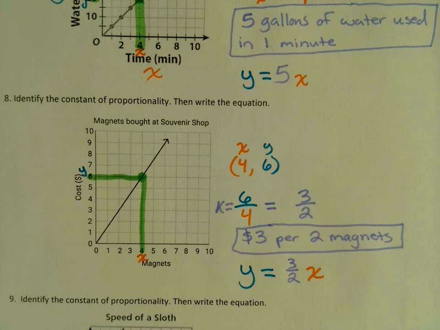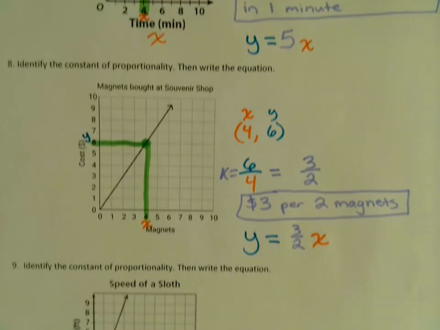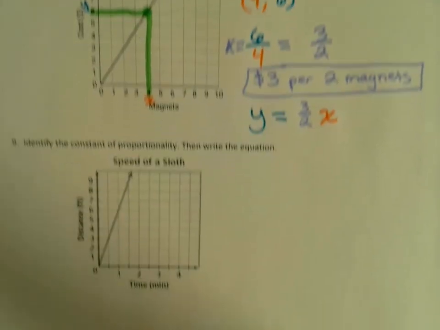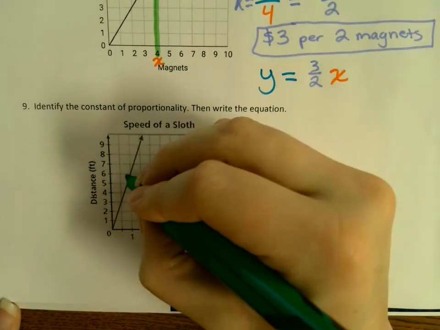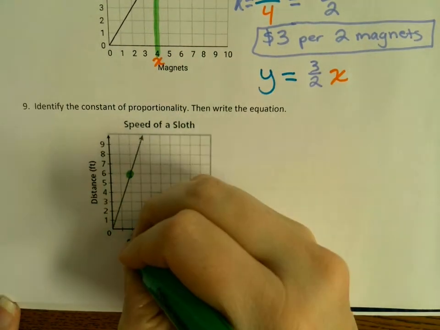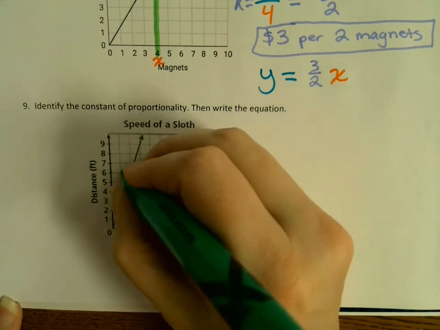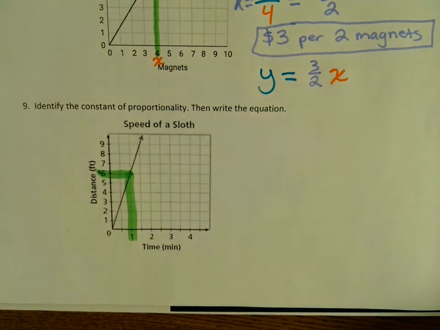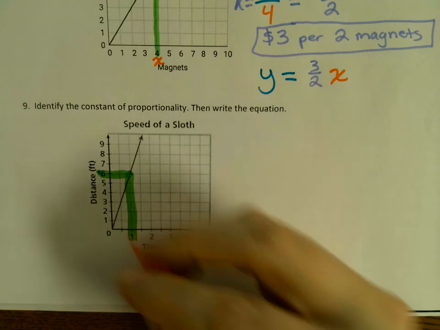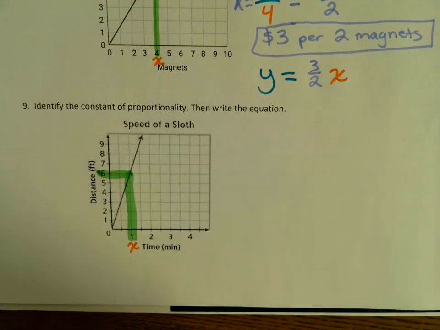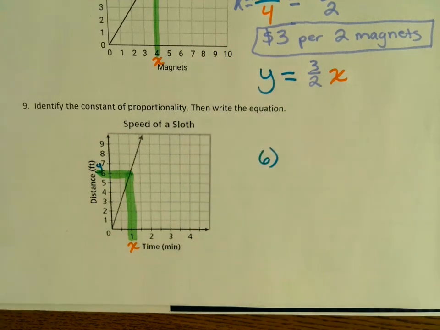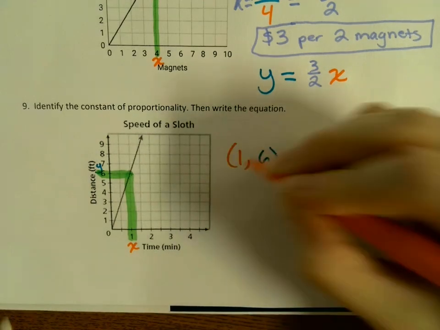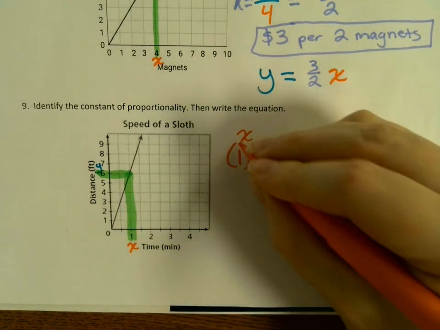Very quickly, because we're about to leave, I'm going to do the last one. For the last one, I'm going to pick the point located right here, where X is equal to 1 and Y is equal to 6. When I write this as an ordered pair, I write it as (1, 6).